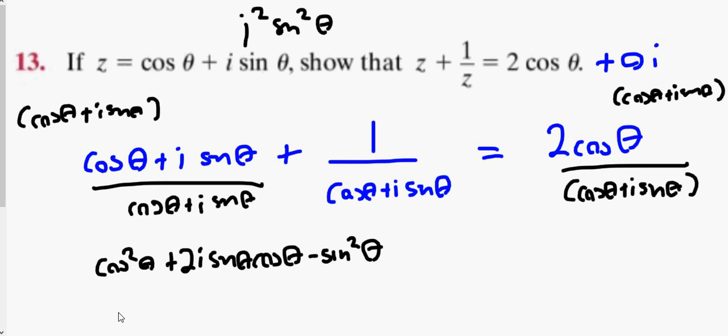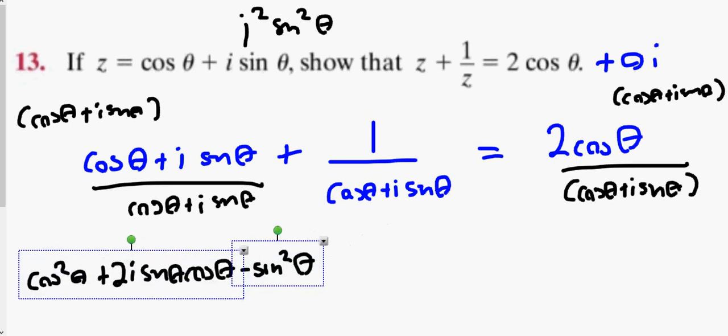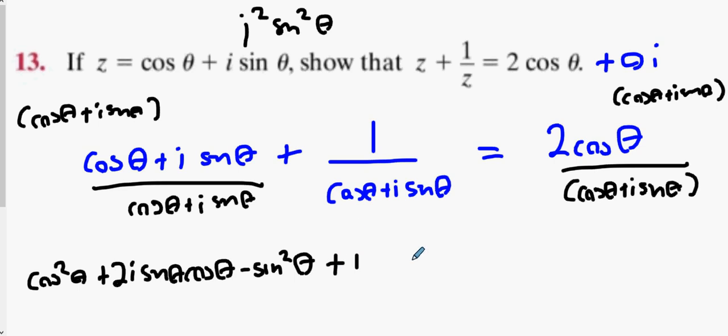Now, what do we know about that other part? That's just plus 1, isn't it? And then we're going to multiply this out now, aren't we? Have to show that both sides equal each other, is that correct? So I have to show that the left side equals the right side, that there's balance.